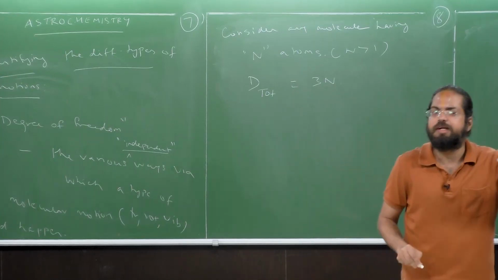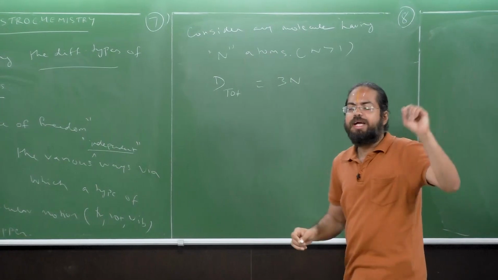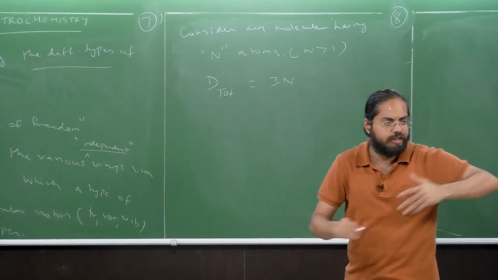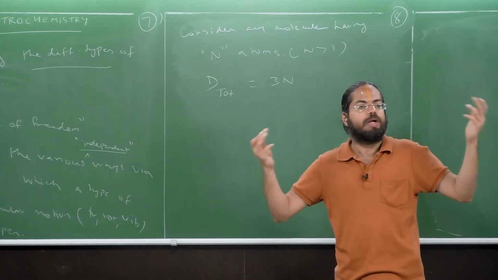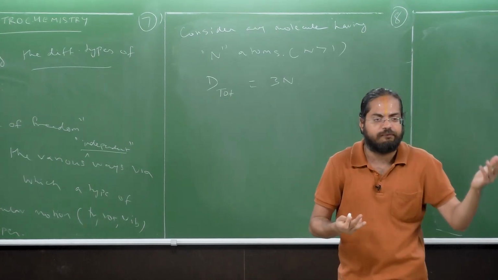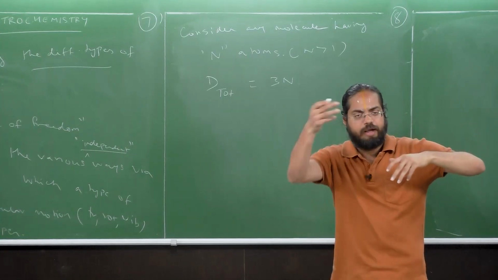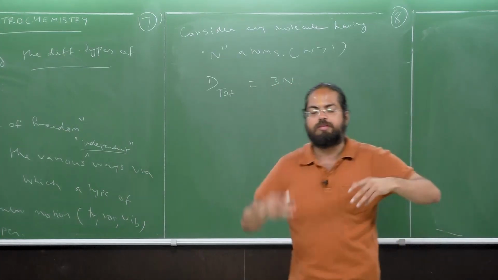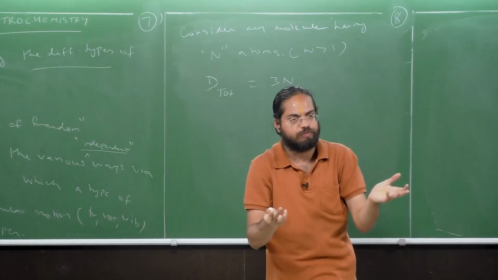Now this is intuitively easy to understand. If there are n atoms overall, each atom can move along 3 directions, x, y, z, if we consider the Cartesian coordinates, or it can also change to any other coordinate system: r, theta, phi in the spherical coordinate system, or the cylindrical or ellipsoidal coordinate system. It doesn't matter for our purpose.